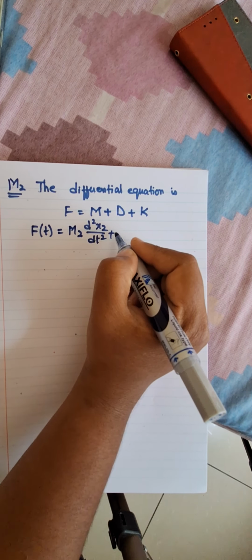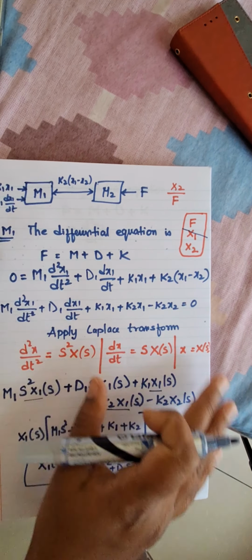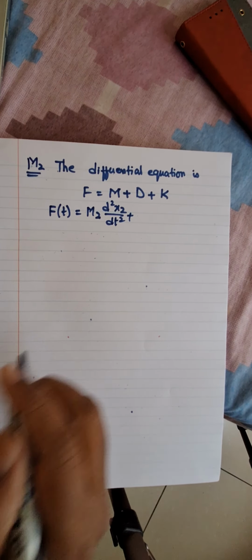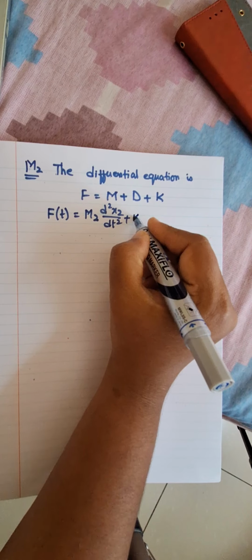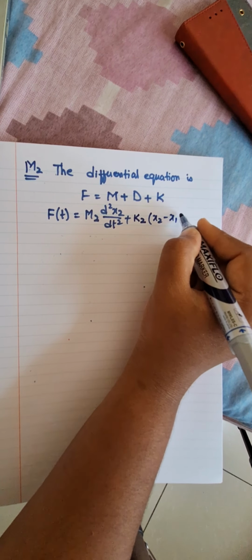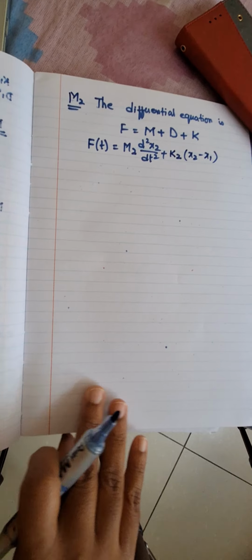There is no d for mass 2, so I don't write d, I will write k. K is k2, but k2 is in combination with both, so x2 minus x1, because I am talking about m2, so I should prefer x2.